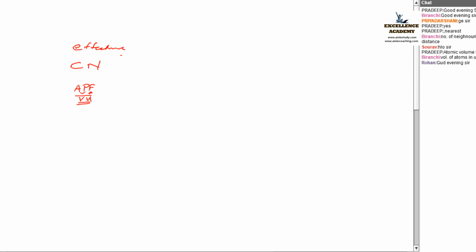And then one more thing is also there, the relationship between A and R. What is A? In simple words, how can you say? Yes, interplanar spacing, that is the lattice parameter.